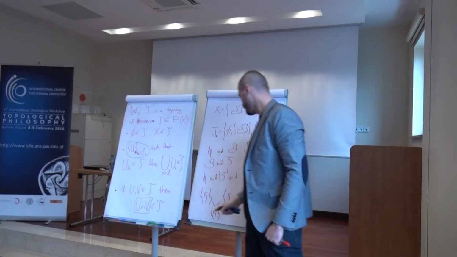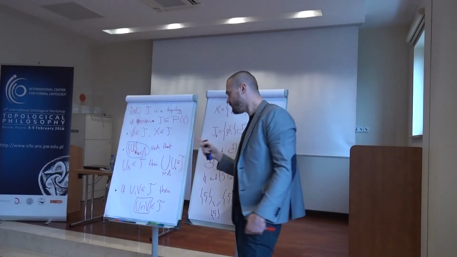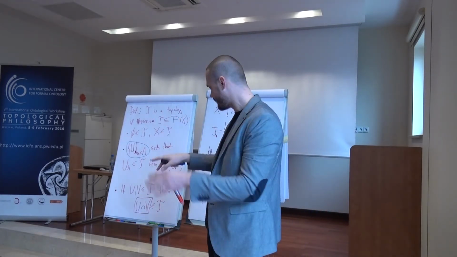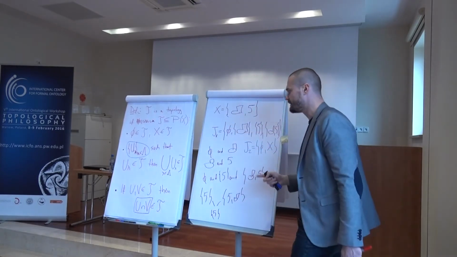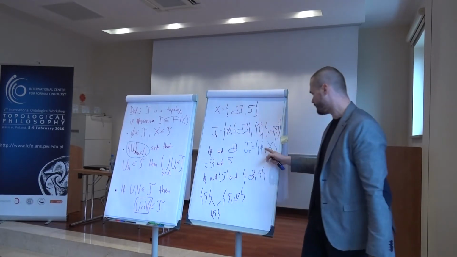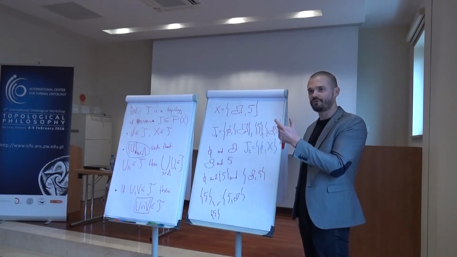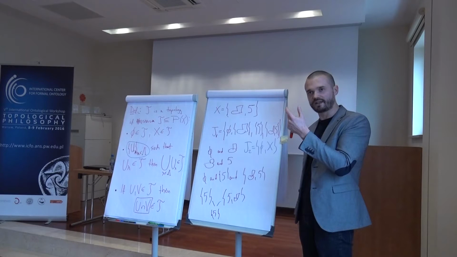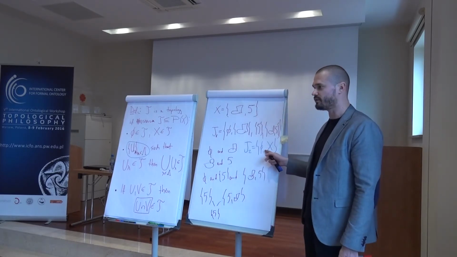Now, if you have a sum of elements from here, we ask if the sum is included here. So what can be a sum of elements here? You can have, for example, an empty set and X. If you add an empty set and X, you will get an X. And X is already here. And basically there are no other sums here.